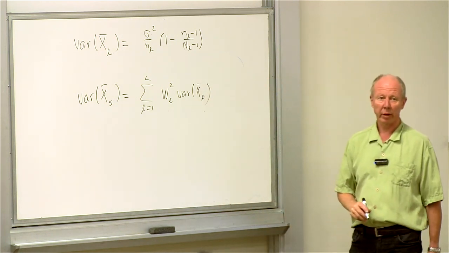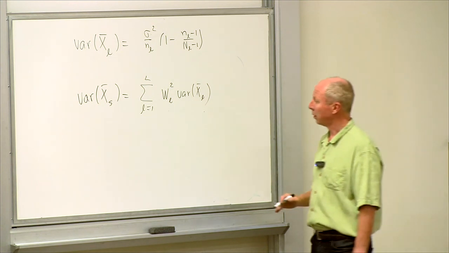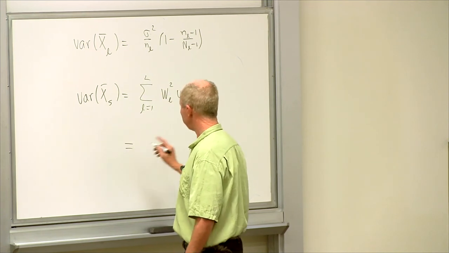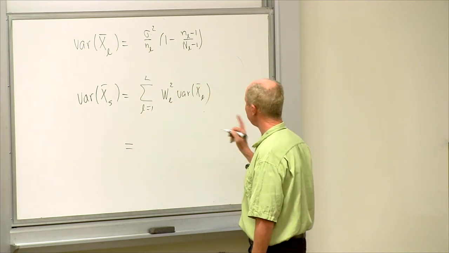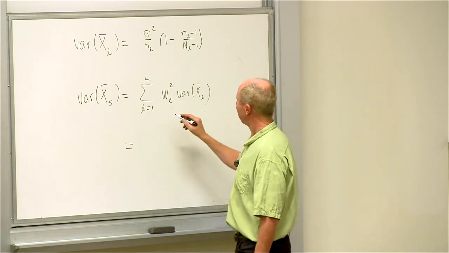Okay, so here I use independence of the different random variables, random samples from different strata. This is different from their independence within the strata. They're not independent within the strata, but we're not using that. We're using independence of different strata. Okay, and what's this?